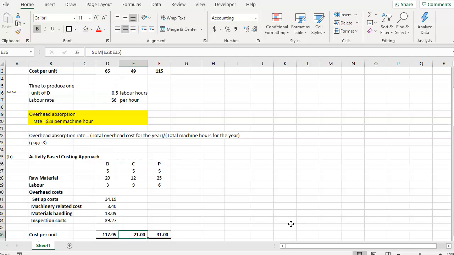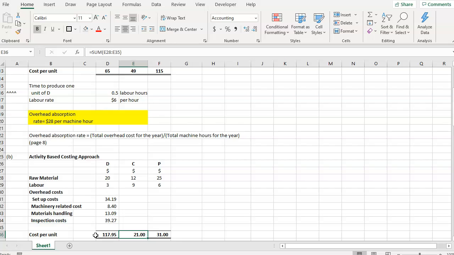Why? Because the material and the labor are the same under both methods. So if they were pricing product D based on traditional cost, they would be underpricing, meaning charging less than they should for product D. Product D's true cost is $117.95.